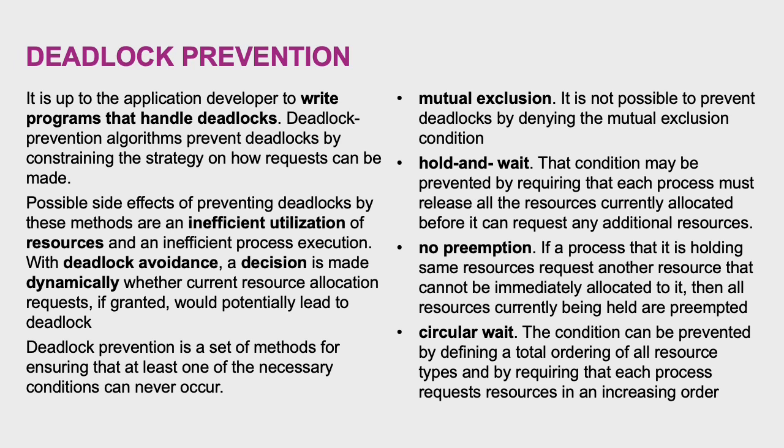Let's try to understand if we can do something more on the hold and wait condition. Well, this condition may be prevented by requiring that each process release all resources currently allocated before it can request additional resources.